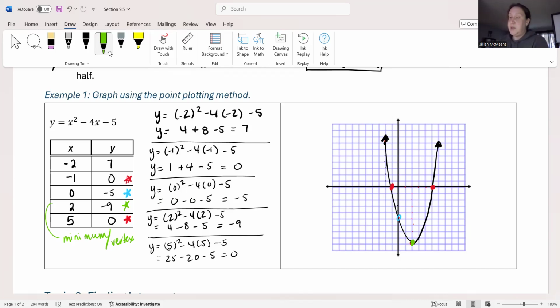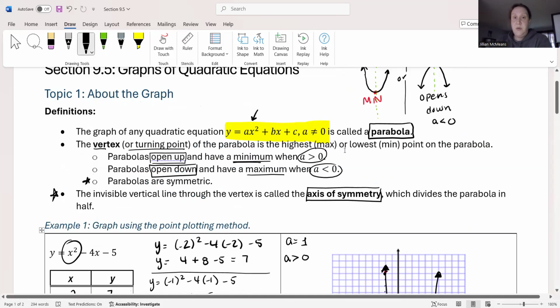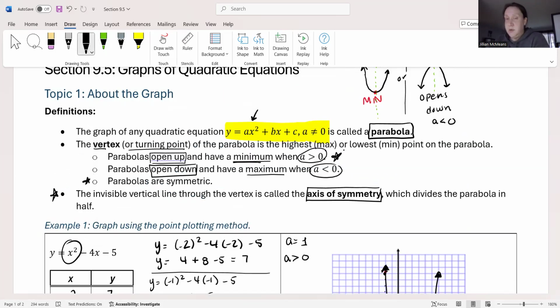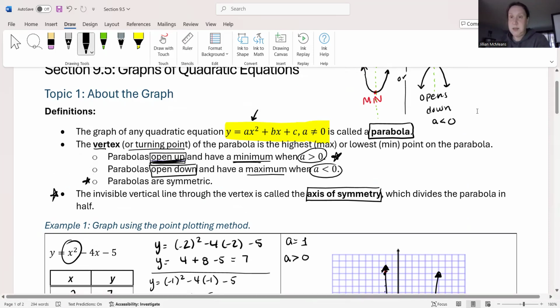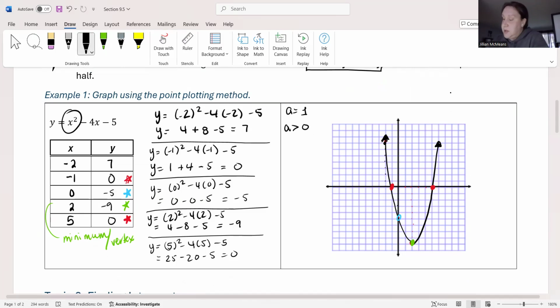Another thing I want to point out here, if we look at this term right here, a is equal to 1. So that tells me a is greater than 0. And remember, up here, we found that when a is positive, the parabola opens up. Does our parabola open up? Indeed, it does. So this tells me that the parabola opens up. Also, let me do green.